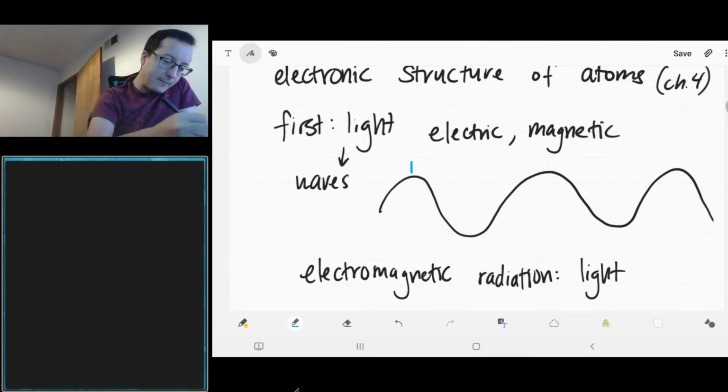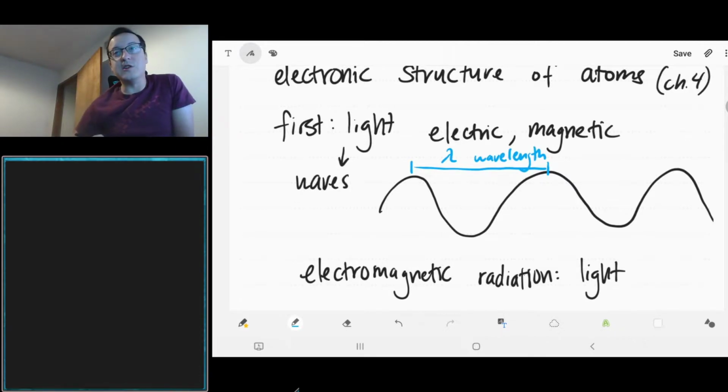So the first one is what's called the wavelength, which is abbreviated with the Greek letter lambda there. That's that squiggly dude in the front. The wavelength describes how far the distance is between two peaks of the waves.